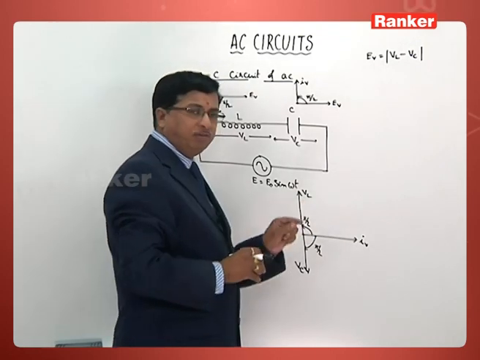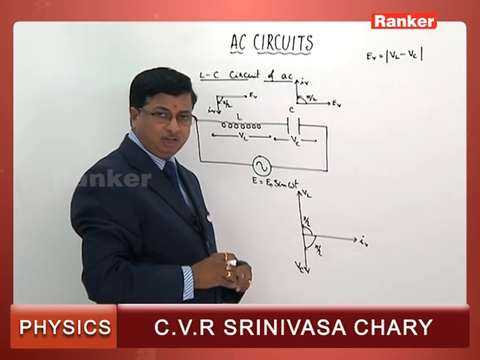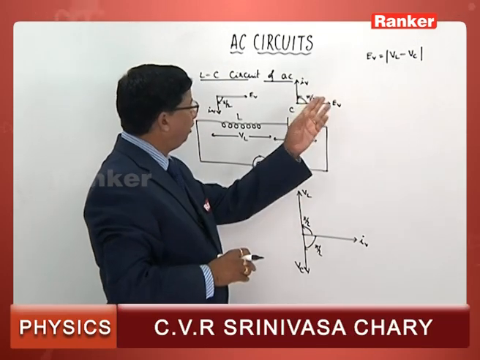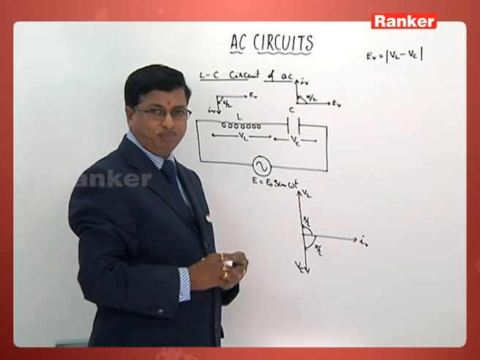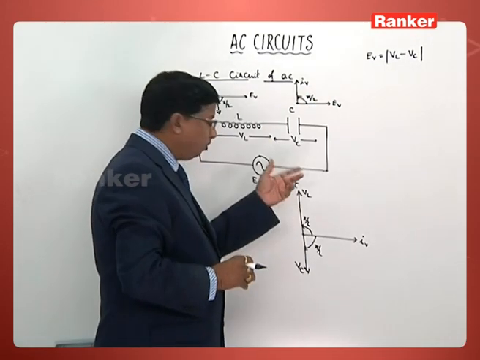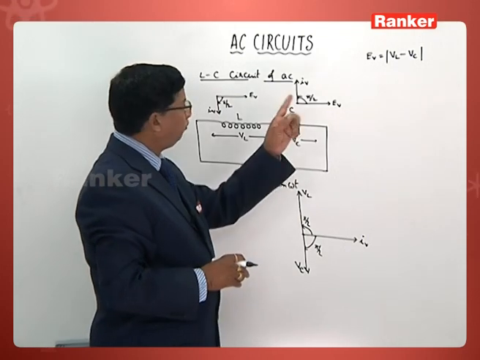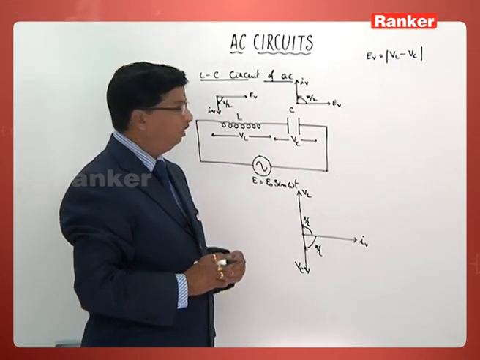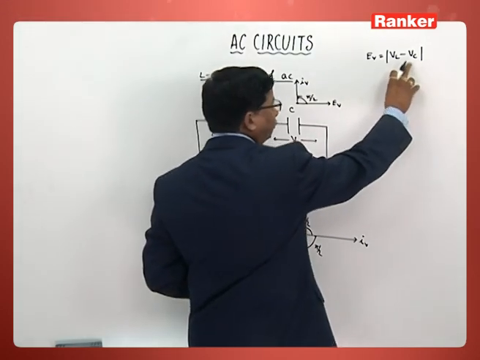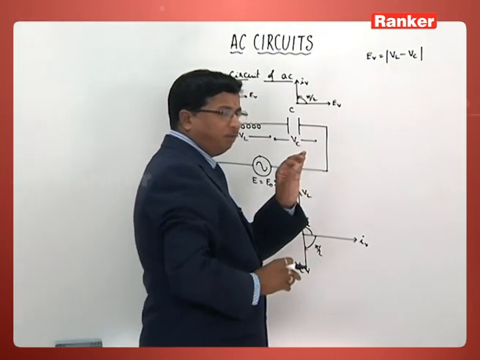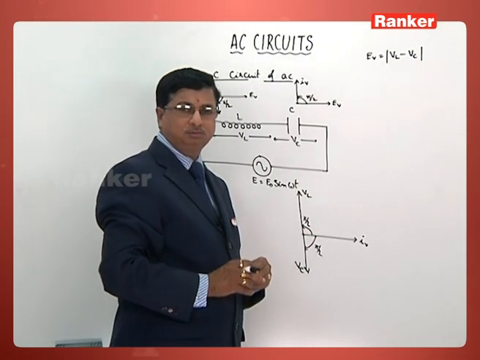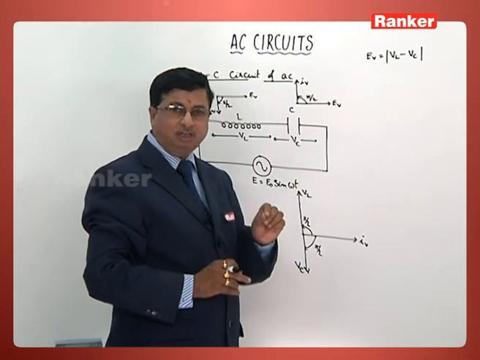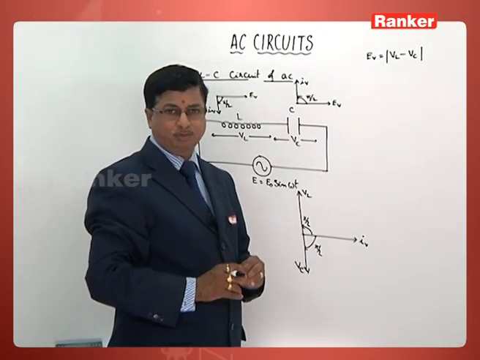For example, if VL is greater than Vc, we can write VL minus Vc as the outcome. If Vc is more than VL, then we can write Vc minus VL. So the mod value refers to simply the difference between these two without taking the sign into account.